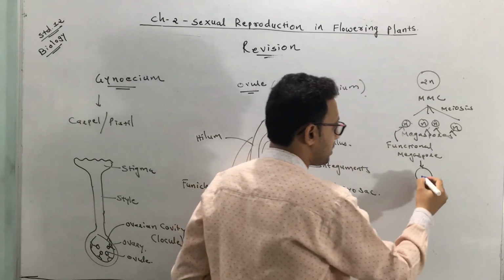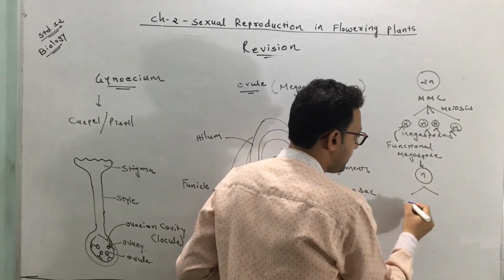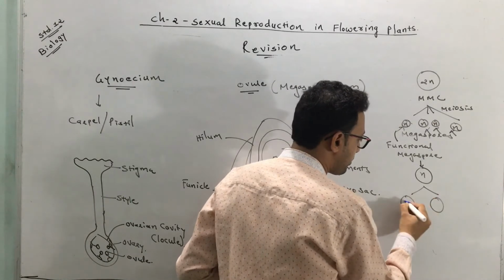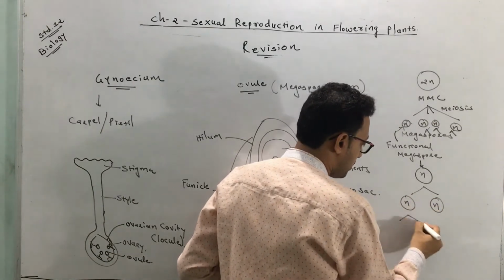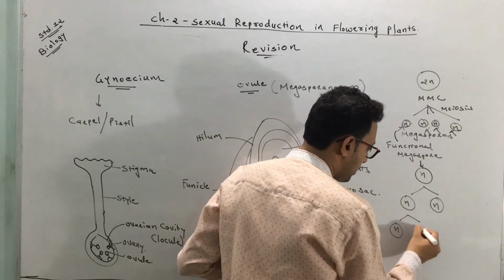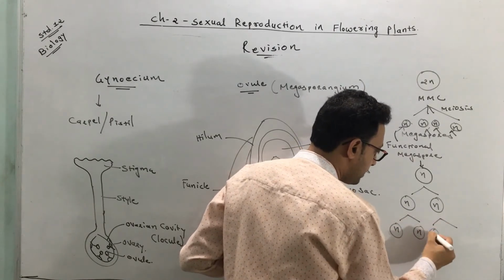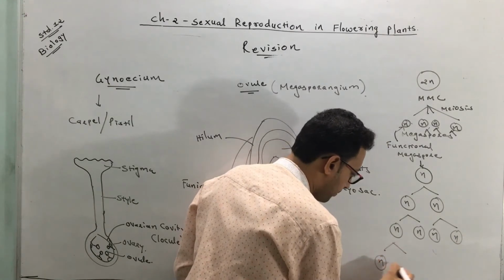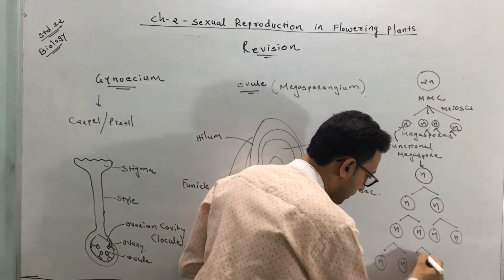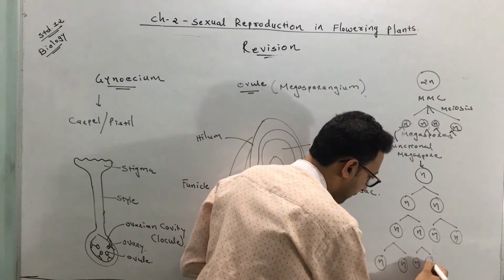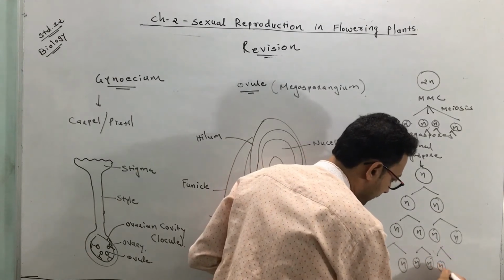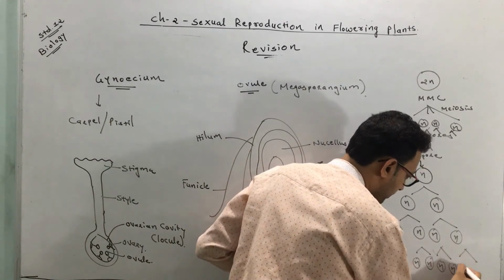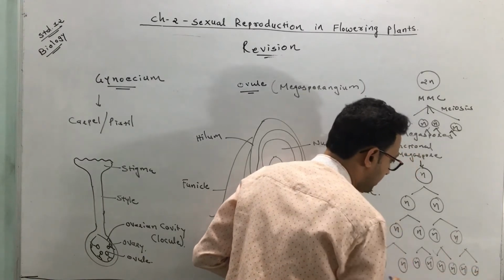This functional megaspore divides consecutively 3 times by mitosis. This is the 2nd time division, and this is the 3rd time division, sorry.